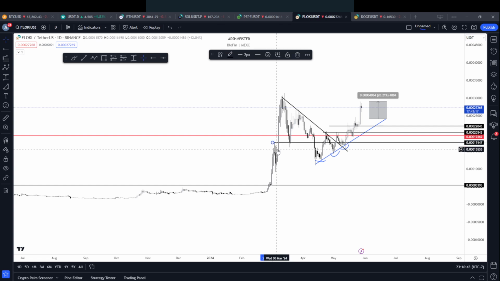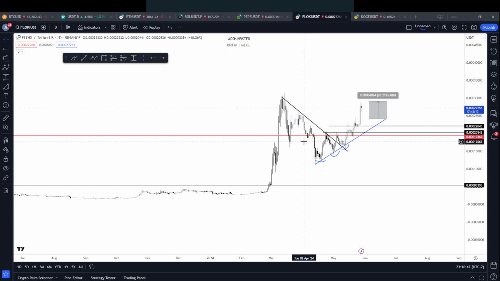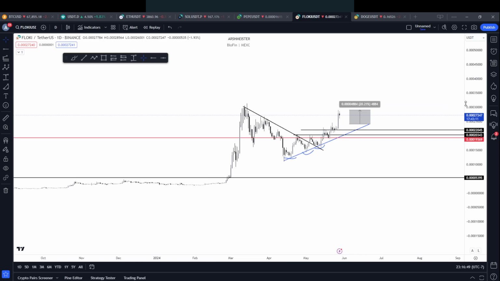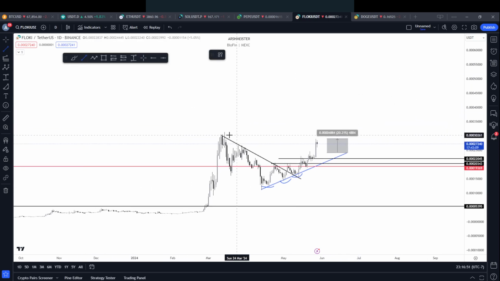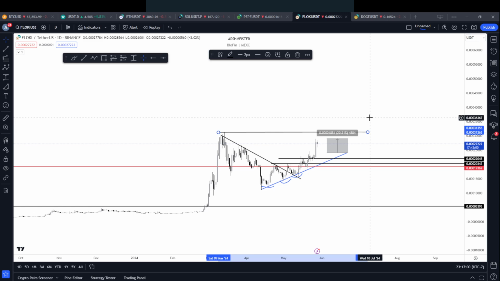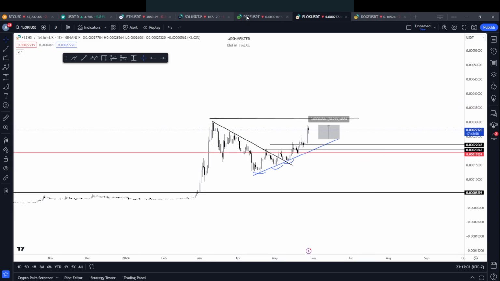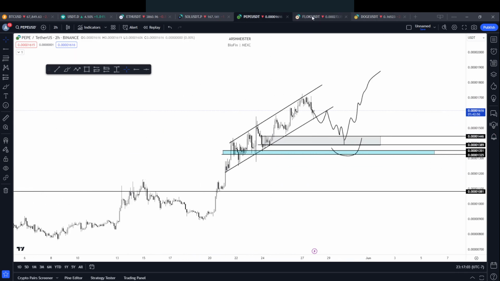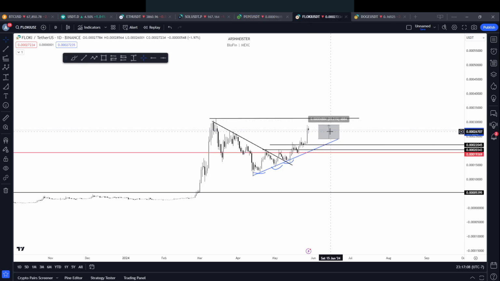Here were the highs, we broke out, retested, went higher. Now, this coin has not gone into price discovery, like Dog with a Hat did for a little bit and came back down. Here is the high for Floki. All right. If Pepe goes into price discovery, I'm expecting profits to flow from this into Floki. We are already up 20%, or we were up 20% from our entries yesterday.